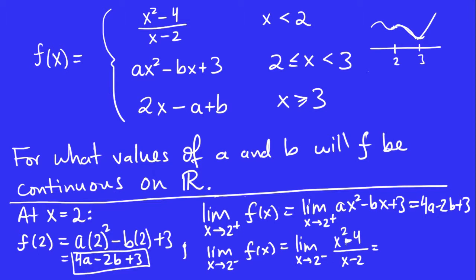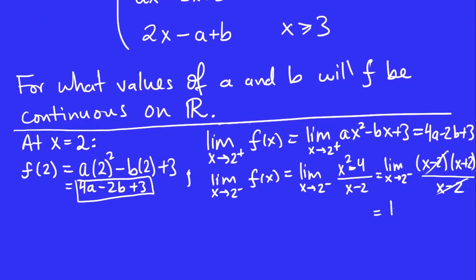This form is actually 0 over 0, so maybe I should try factoring, right? We've done this kind of a limit many times before. So I'll factor the top as a difference of squares. And when I do that, I see some nice canceling that happens here.